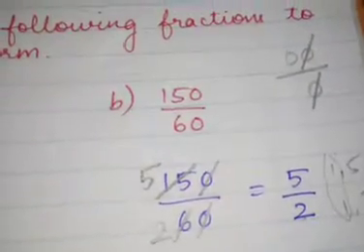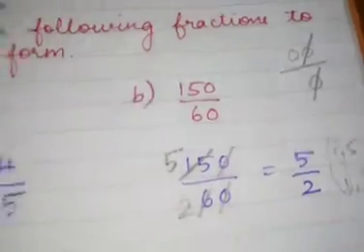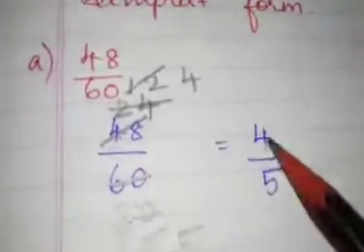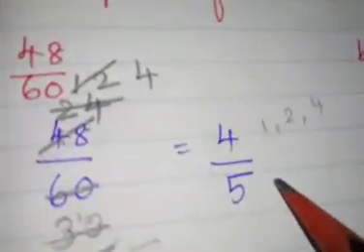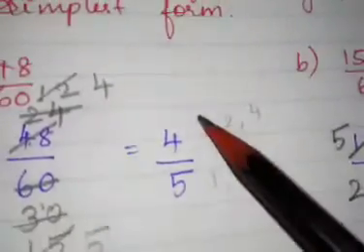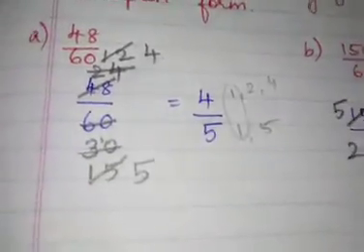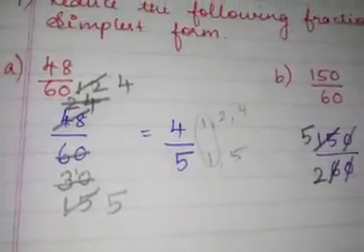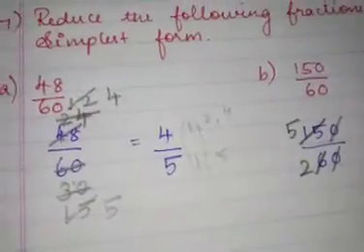Till they reach co-prime, you should not stop the cancellation. Here also, listen. What are the factors of 4? 1, 2, 4. What are the factors of 5? 1, 5. What are the common factors of both the values? Only 1. So 4 and 5 are co-prime numbers. Till then you should continue. Only then it is correct. You can check it and see. Sometimes you don't know whether they come in the same table, so you can check that way.